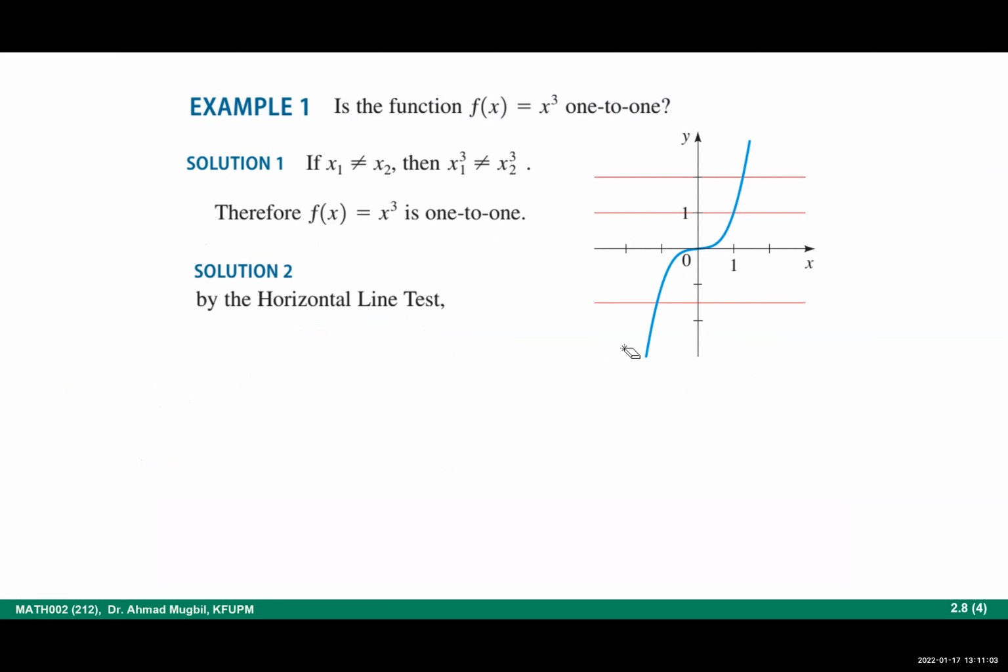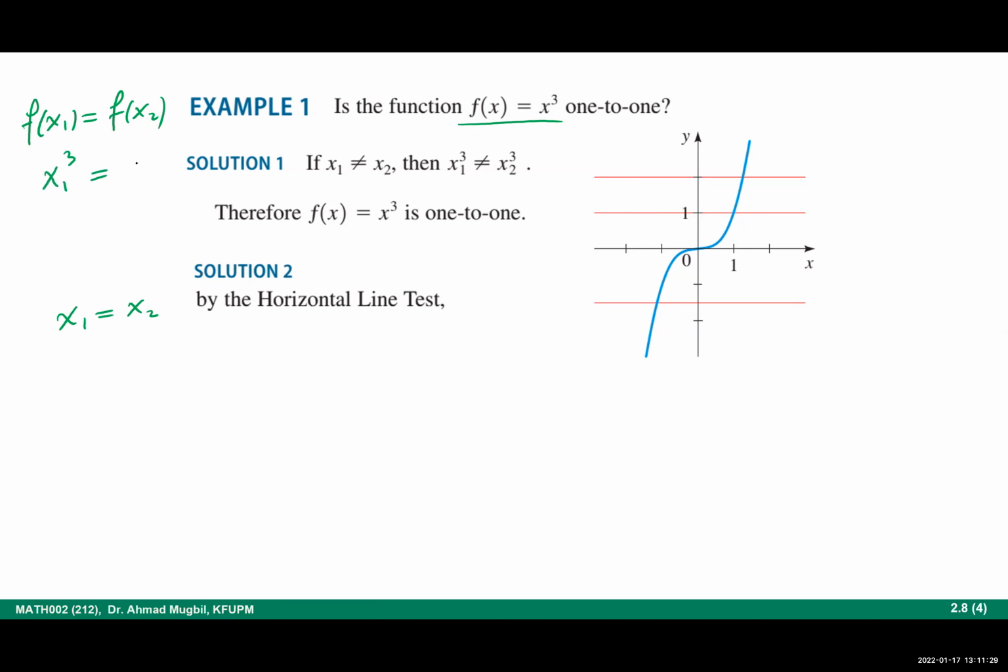But algebraically also you can show it, guys. Algebraically, how to show that this function is one-to-one? It is not difficult. What you will do, you will start with this. I don't prefer this way. I told you the graph is the best way, but algebraically, you will assume that the y values are the same. You need to show that also the x values are what? This is what you need to show at the end. So what is f at x1? It will be x1 to the power 3.